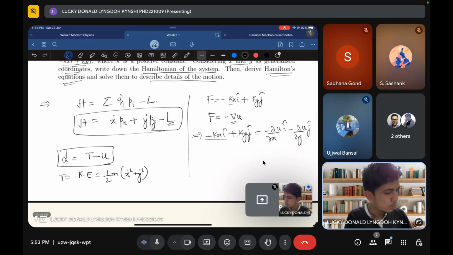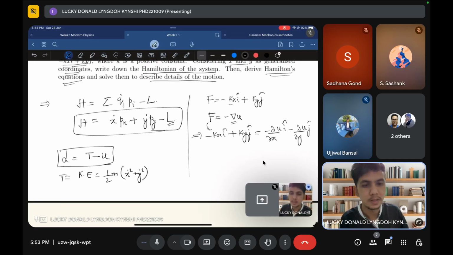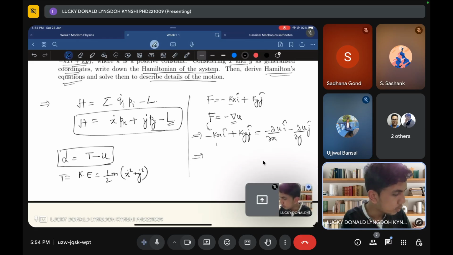So what I have done is equate the force with the given equation, and expressed the gradient of U in terms of minus del by del x of U, and also in terms of the y direction, right? So now you can just equate one of them. The negative and negative sign will get cancelled.